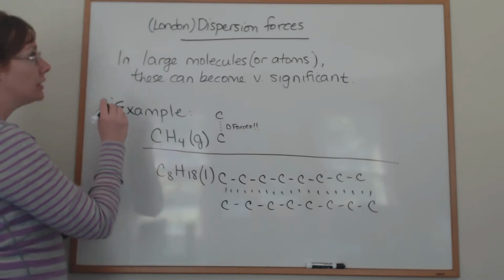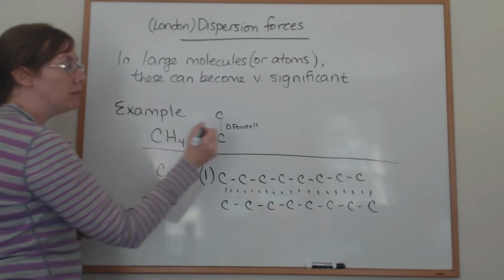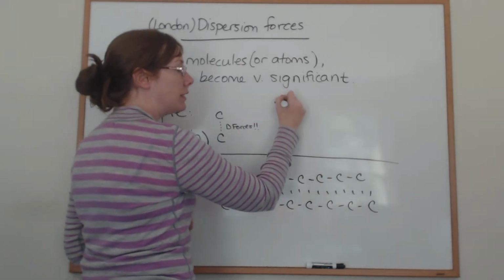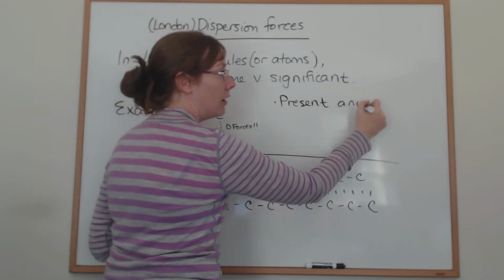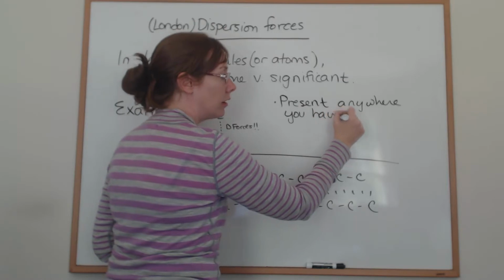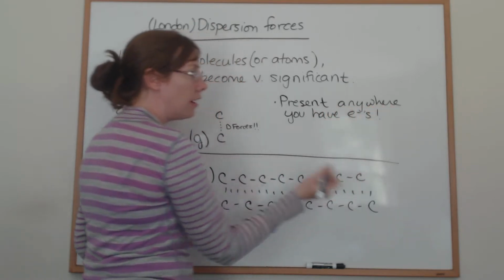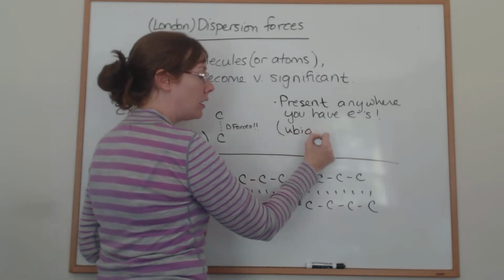Last thing I should say, where can you find them? Dispersion forces are present anywhere you have electrons. And therefore, another way of saying that is that they are ubiquitous.